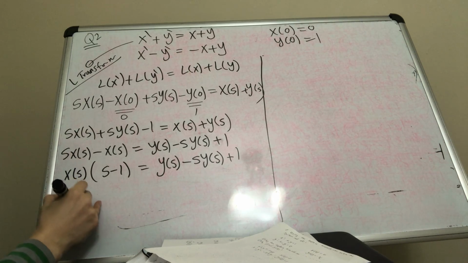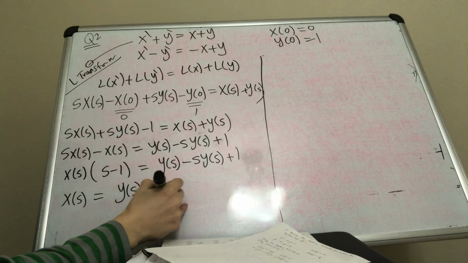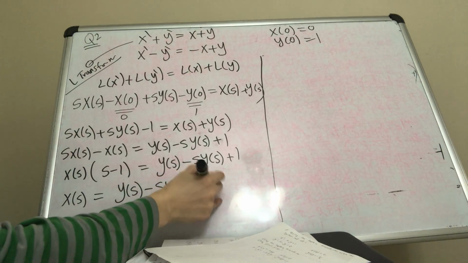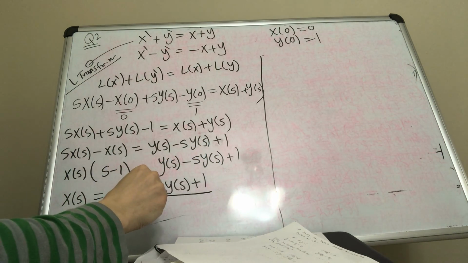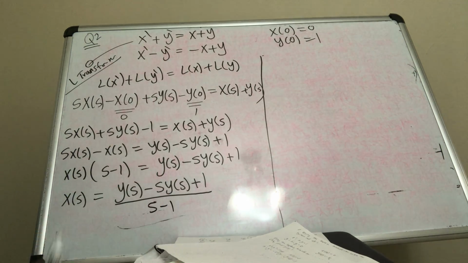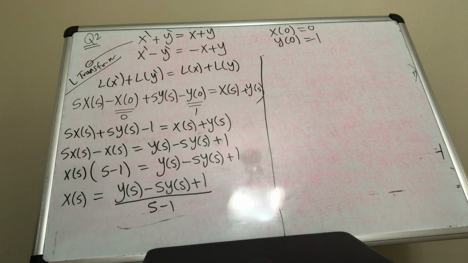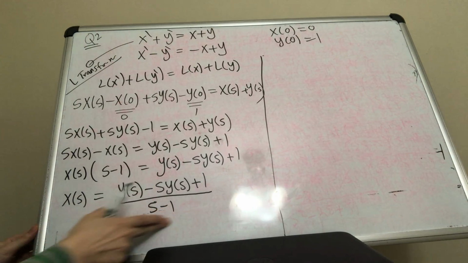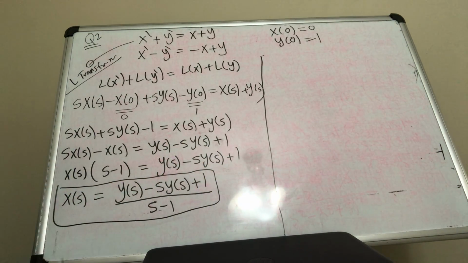So that will leave me with x of s equaling y of s, s y of s plus 1, all over s minus 1. In fact, I can simplify this a little bit more, but I'll leave it as it is. So this is your x of s.